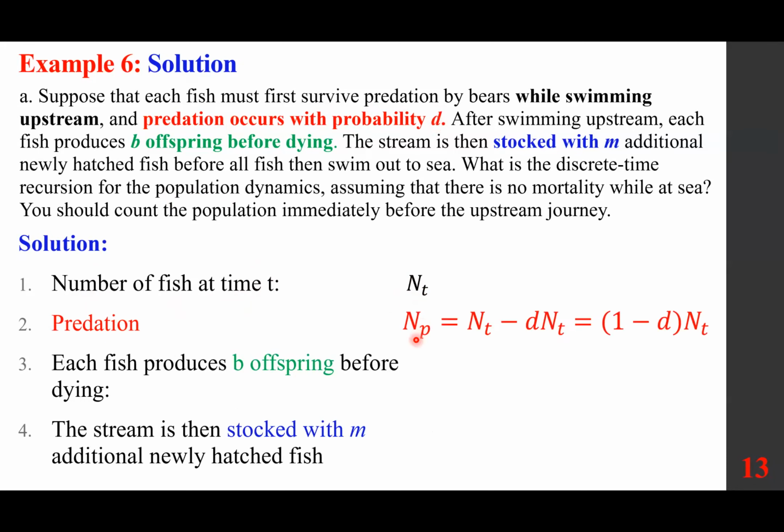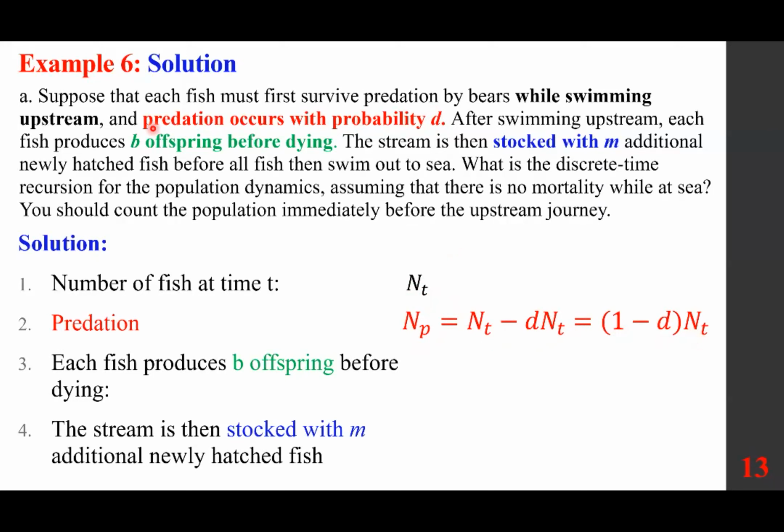So we call it n sub p. Whatever we had in the previous step, this is the fraction, percentage, or portion that will be gone. So D times that will be gone, and you can replace this statement with 1 minus D times n sub t.